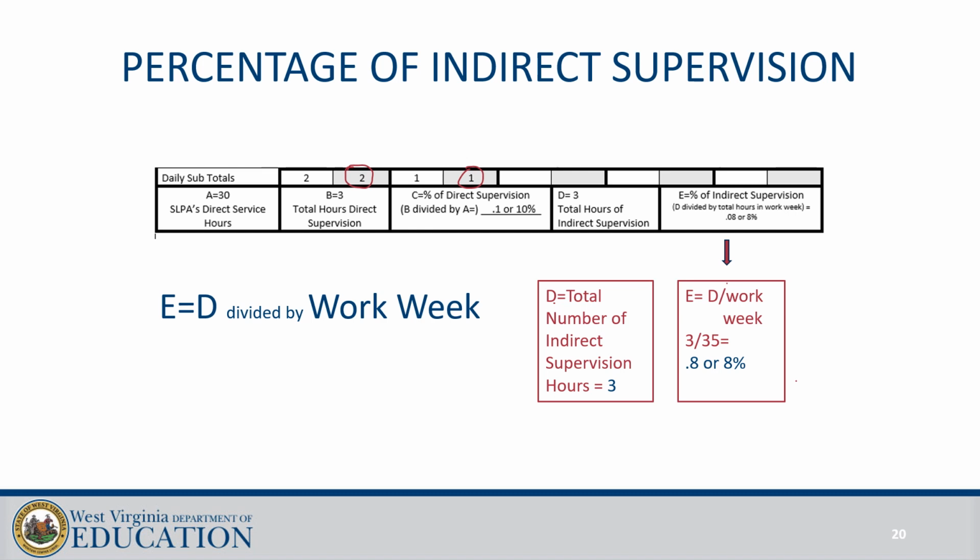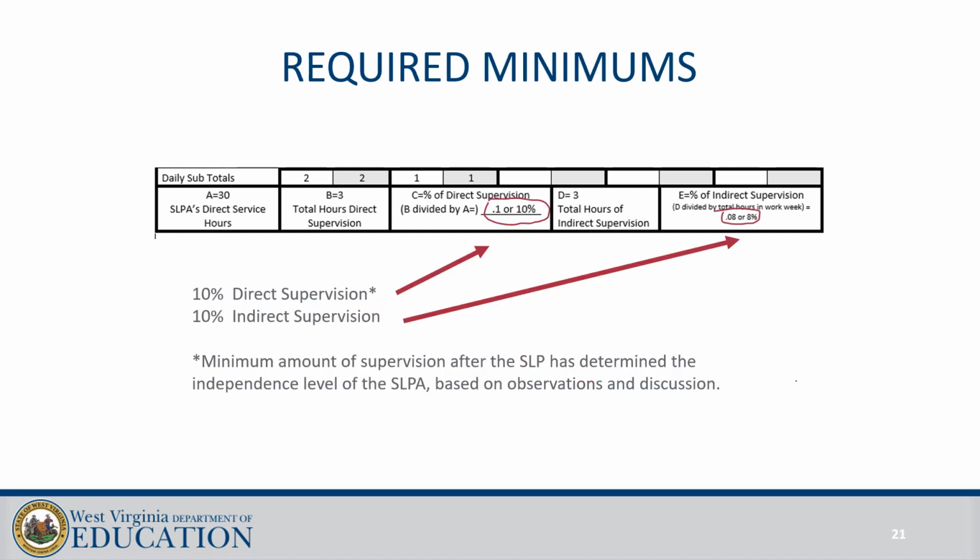The percentage of indirect supervision, or E, is 0.08 or 8%. In other words, E, the percent of indirect supervision, equals D, the total number of documented indirect hours, divided by the work week total. The very minimum requirement of direct and indirect supervision is 10%.